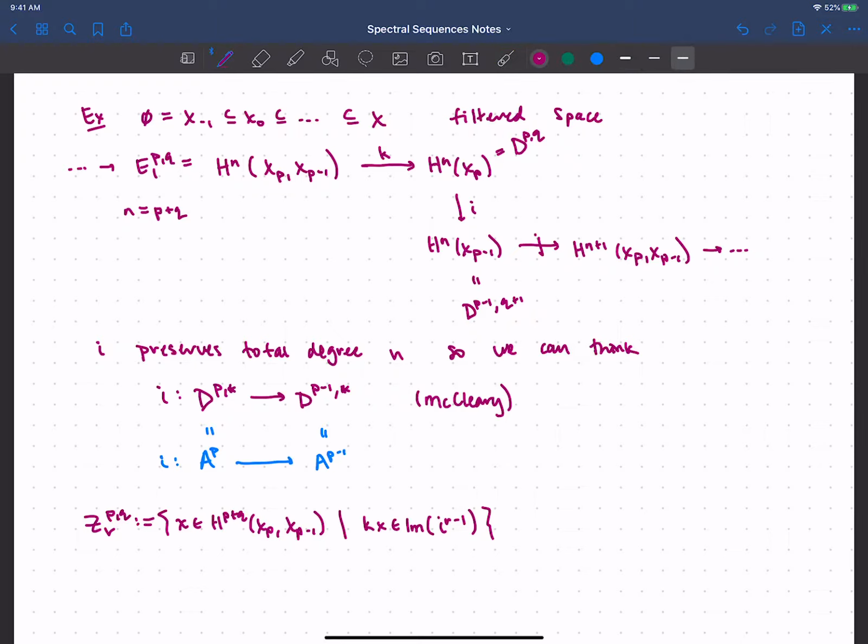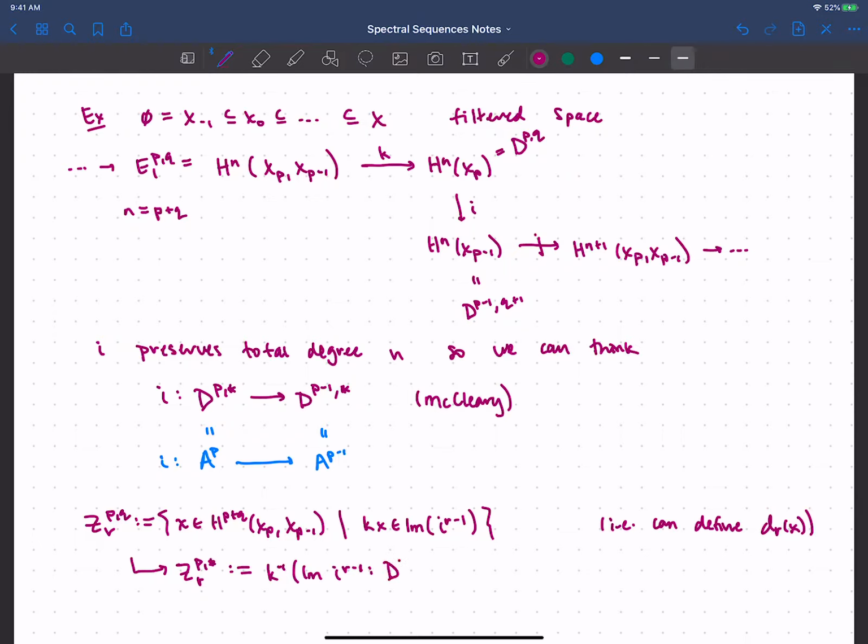Okay, maybe that's worth writing. So these were the things that we could define d_r on. So now I want to be a little bit more general. I don't want to necessarily think about the cohomology of a space. I want to do this for any exact couple, but just keep this example in mind. So let's take Z_r^{p,*} to be, well, this is going to be k inverse applied to the image of i^{r-1}.